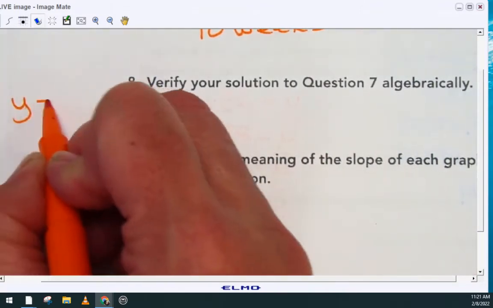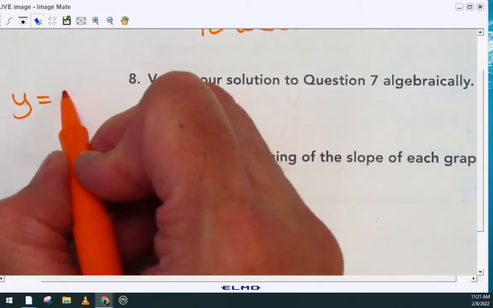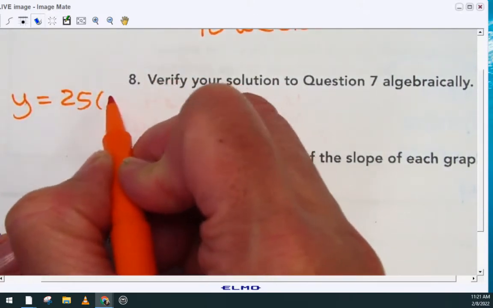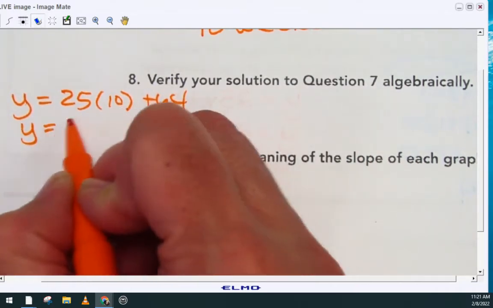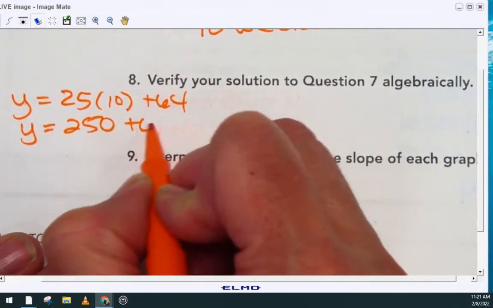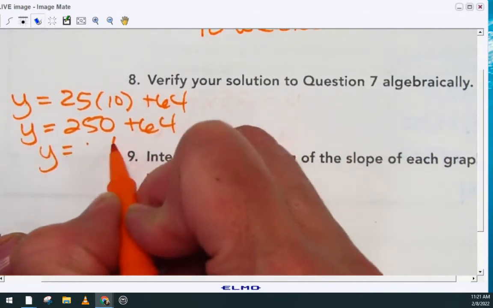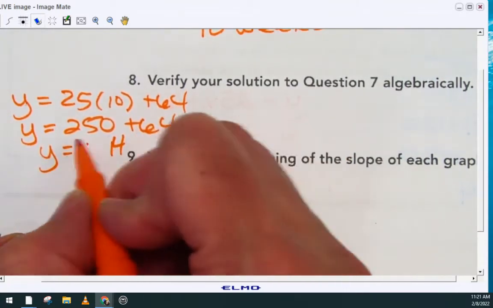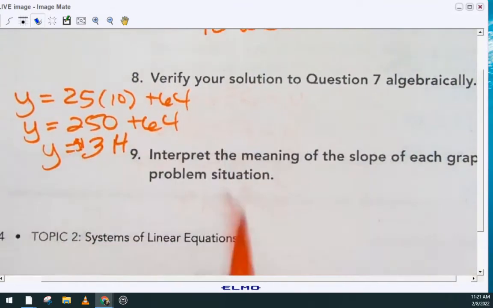So y equals, I'll go ahead and do Jimmy first. We'll do 25 times 10 weeks plus 64. So that would be 250 plus 64, that's 314. Did I do that right?